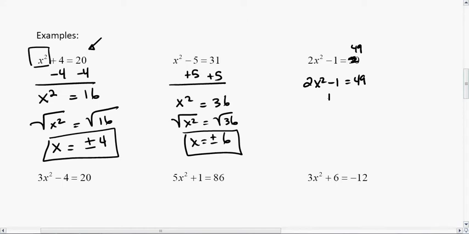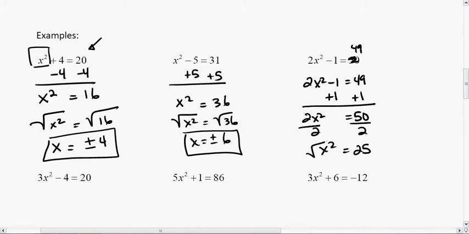I want to add the 1 to both sides. So 1 plus 49 gives me 50 on the right, and 2x squared on the left. And I want to divide out the 2. So divide both sides by 2, which will give me x squared equals 25. Once you're at this step, take the square root of both sides, and x equals plus or minus 5.